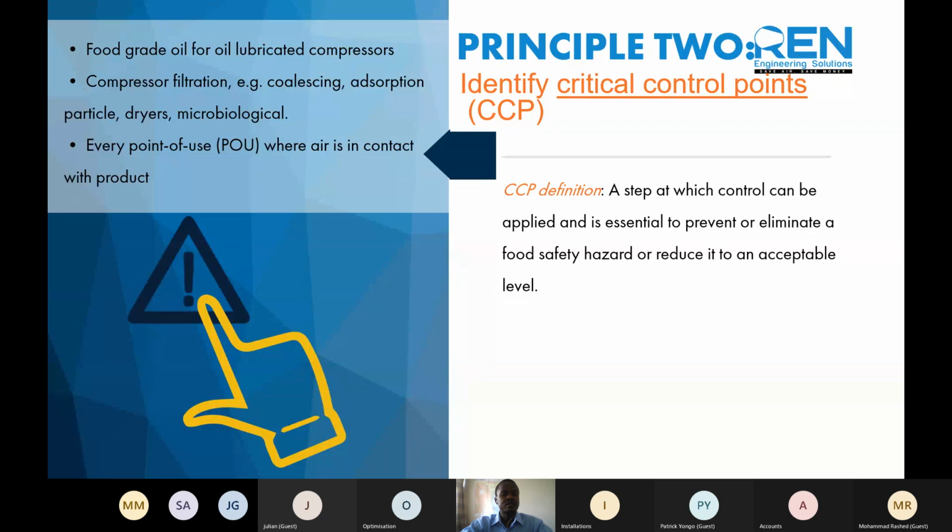To eliminate the risk posed by particles, you can use different levels of filtration, including coalescing and adsorption filters. And most importantly, at the point of use, where air comes into contact with the product, you can include filtration to ensure that the air is of the right quality.